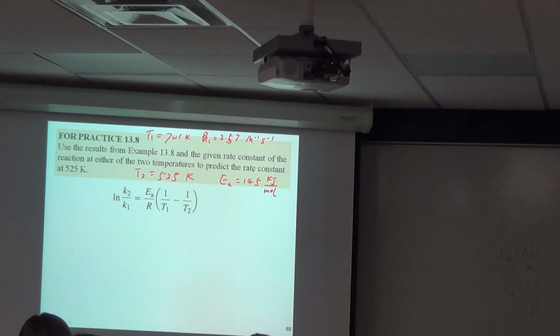Let me also give you one piece of information you probably still remember. R is 8.314 joule per mole per Kelvin. Okay. Now for this first practice, you probably don't have to worry about the units, as long as all the units are the right units.